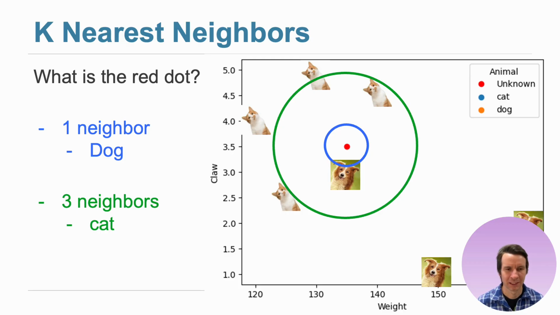Based on the k, the answer changes. If you have two options for your outcome, cat or dog, then having two neighbors may be bad, because the nearest two neighbors would be cat and dog, and then you do what? That's why there is 1 and 3, so you have an odd number, so you always have a majority.